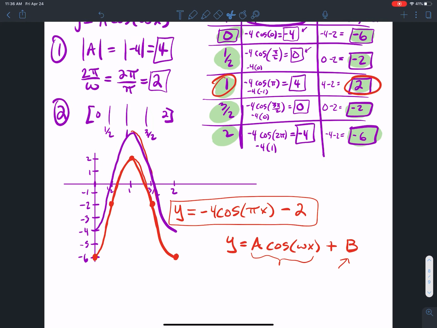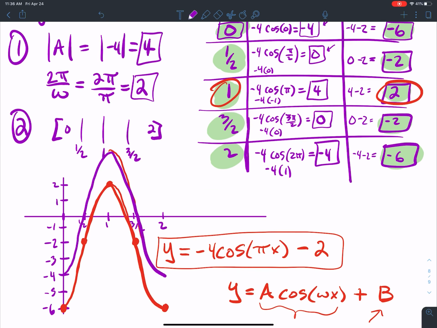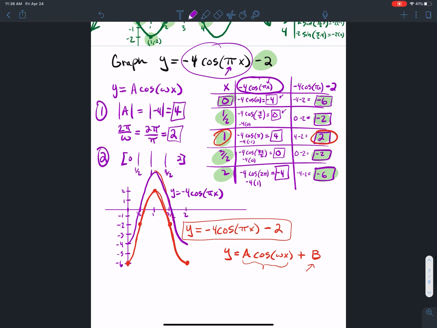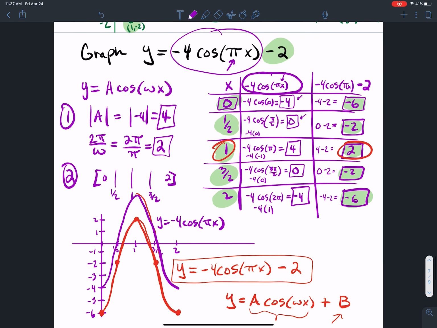So that purple one here is the graph of y equals negative 4 cosine pi x. So we literally took the graph and we shifted it down 2 units. So hopefully this example sums up everything for you. All right, guys, good luck.